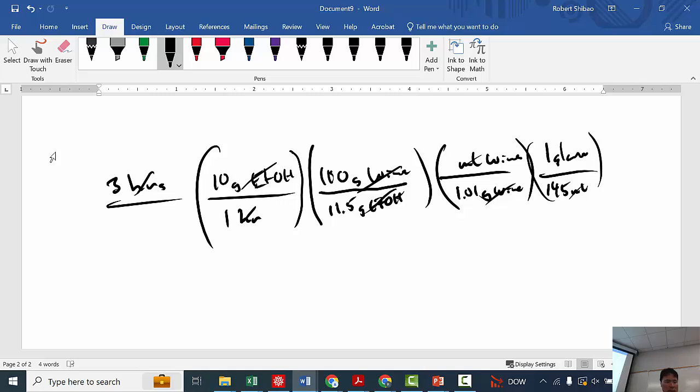And so I would do 3 times 10 times 100 divided by 11.5 divided by 1.01 divided by 145. And that gives me 1.78. So if you have about 2 glasses of wine in 3 hours, your blood alcohol should be 0, assuming that it's close.